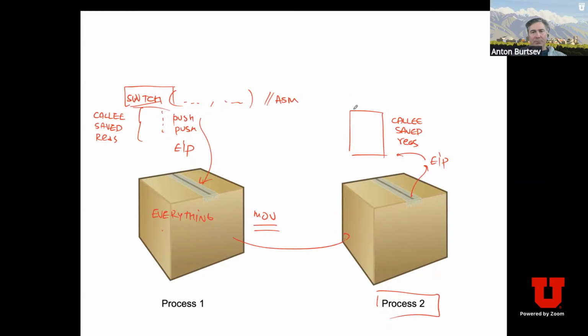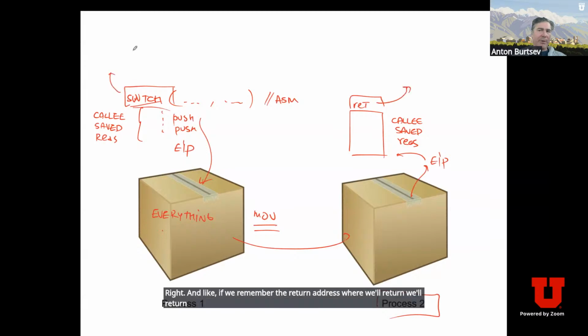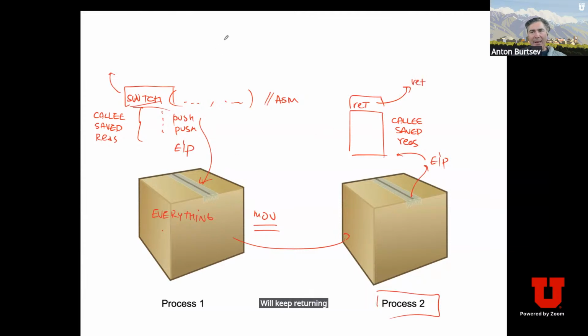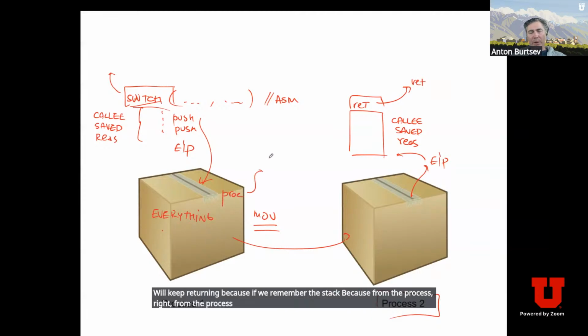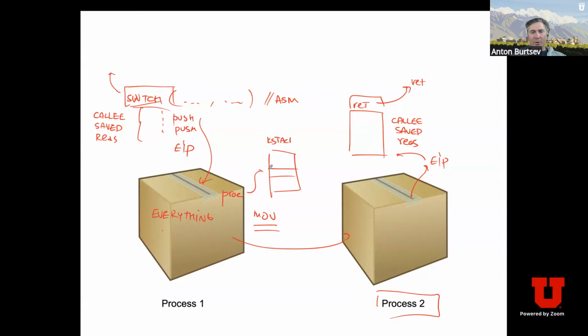Right? And if we remember the return address, we will return from this switch function to the function which called us. We'll keep returning because if we remember the stack, from the process there's a pointer to the kernel stack. On this kernel stack, there will be a return address.